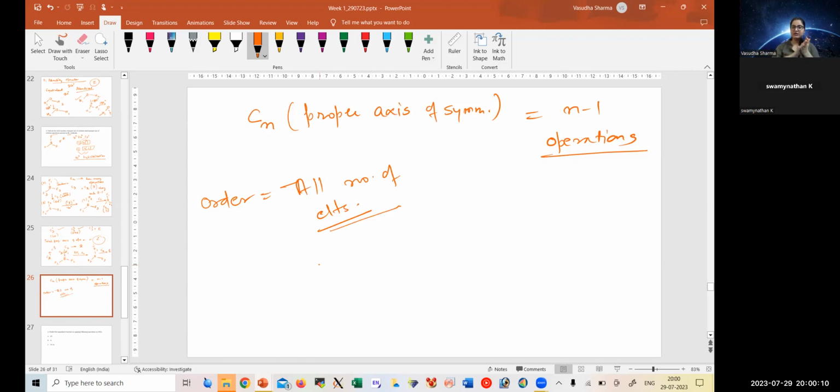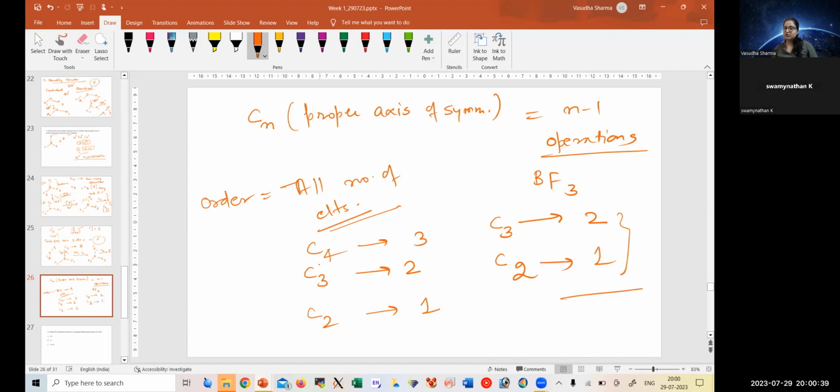If C3 is there, you need to consider how many operations it includes. So Cn would give you n-1. For example, C3 gives you 2 operations, C2 gives you 1 operation. C4 automatically gives 3, and so on. So in the case of the BF3 molecule, with respect to C3 there are 2 proper axes of rotation, with respect to C2 there is 1. So the total number becomes 3.